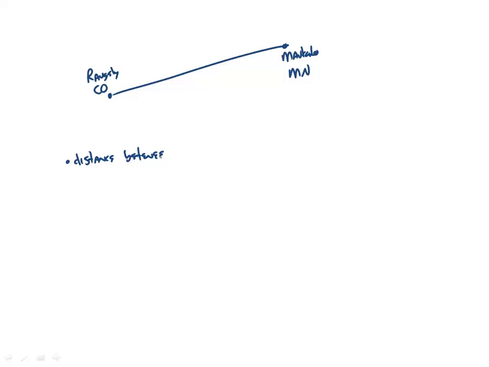For instance, if I am traveling from Rangeley all the way back home to Mankato, Minnesota, the distance between Rangeley and Mankato is an example of a state function, meaning it doesn't matter how I go.